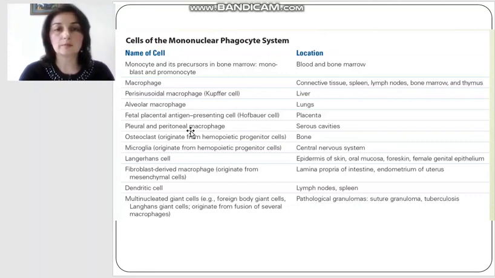I just told you that macrophages are of two groups. They may belong to fixed cells and maybe transient cells. But all of these macrophages of the body develop from the monocytes of the blood. All of them belong to the mononuclear phagocyte system. These are cells which belong to this system.